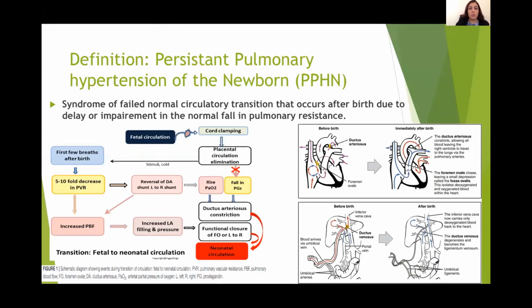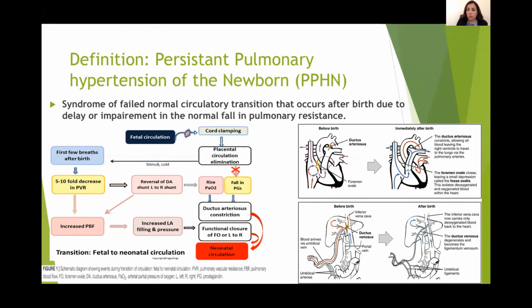The definition of persistent pulmonary hypertension of the newborn is a syndrome where we have failure in the normal circulatory transition that should occur after birth. It might be due to delay or impairment in the normal fall in pulmonary resistance.